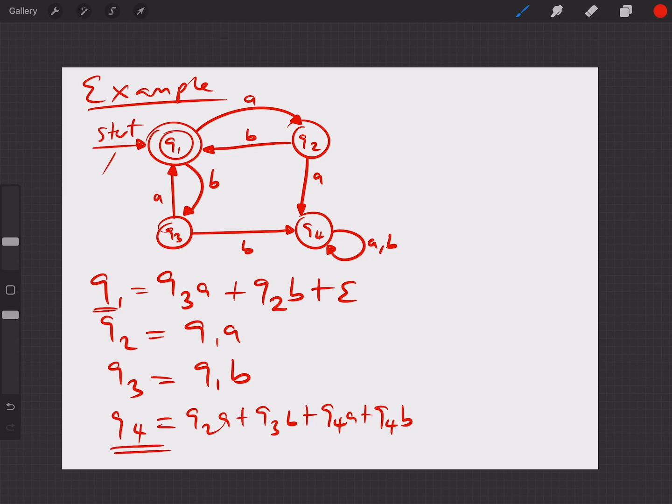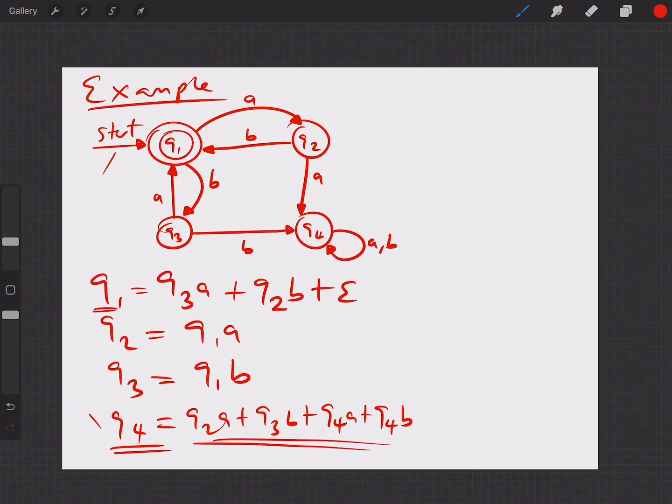It's not the accepting state, and it has so many elements. So to substitute into Q4 will be to shoot yourself in the foot with a shotgun. So ignoring Q4, we are going to focus on Q2, Q3, and Q1.